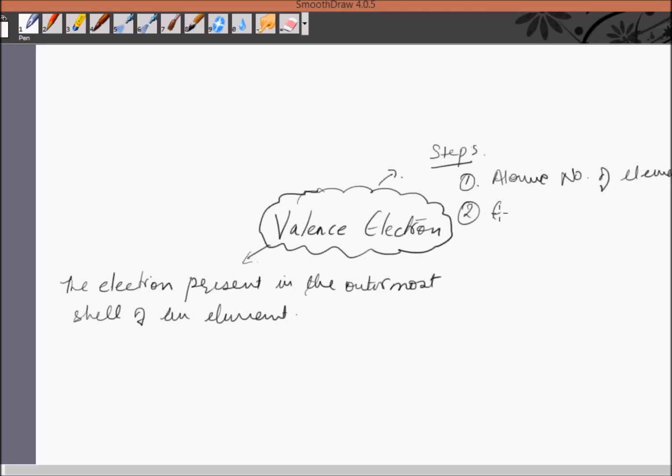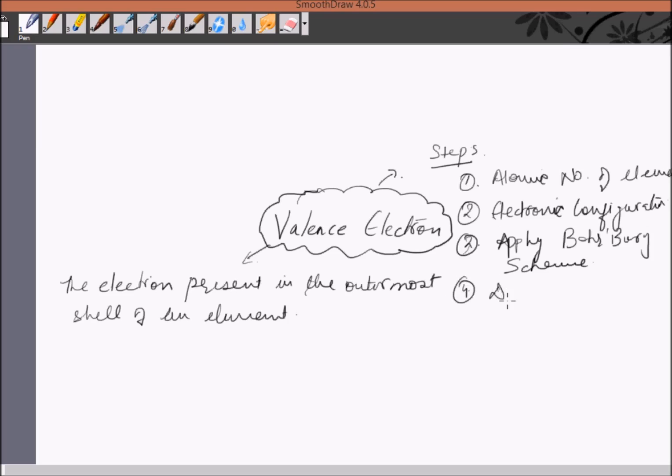Second, we have to make an electronic configuration. Then we have to apply Bohr-Bury scheme we just understood right now.